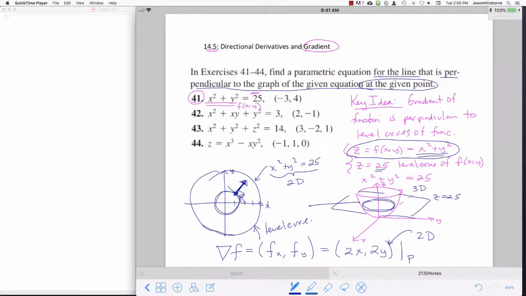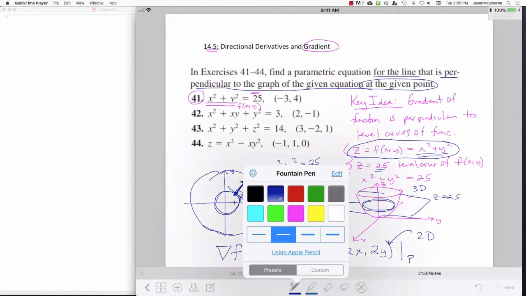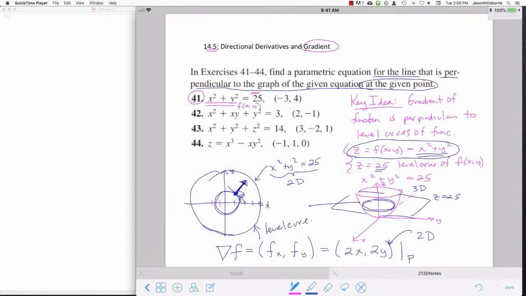So we have x squared plus y squared is 25, and the point we've been given is negative 3, 4.